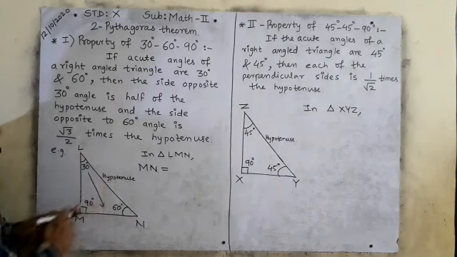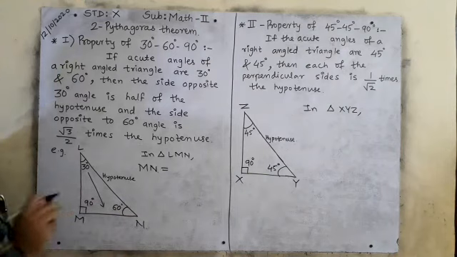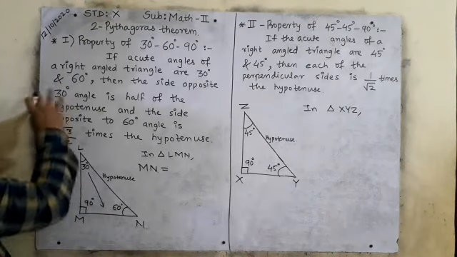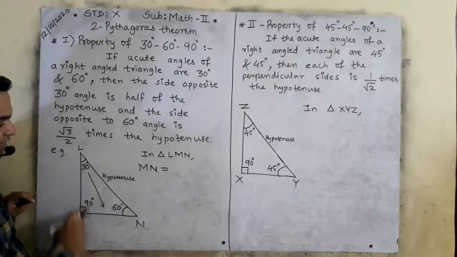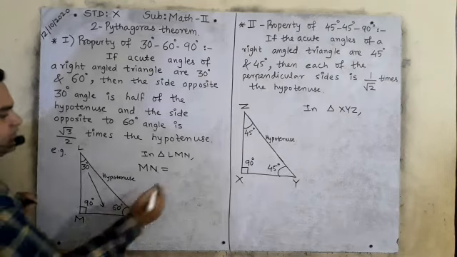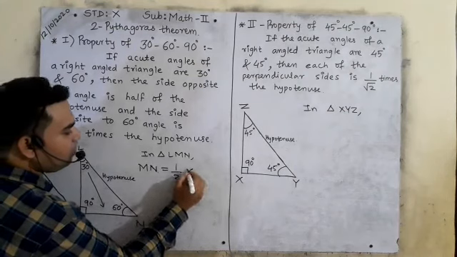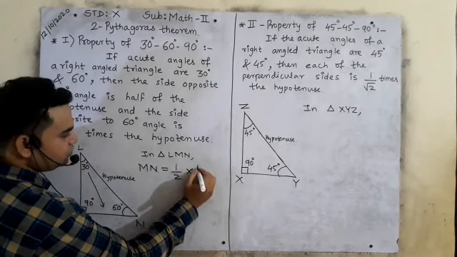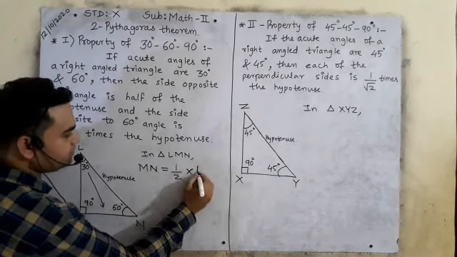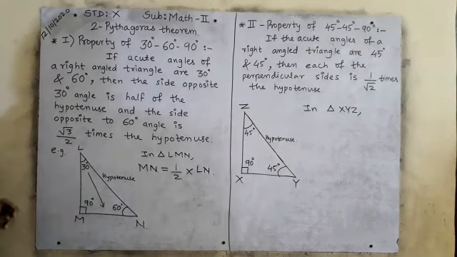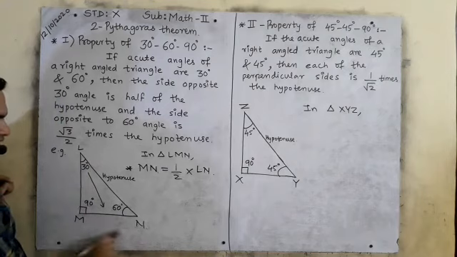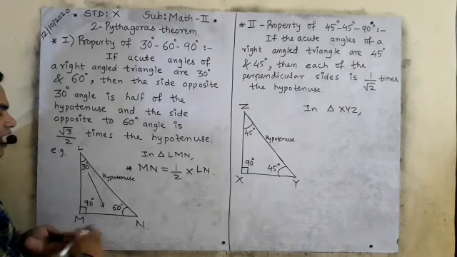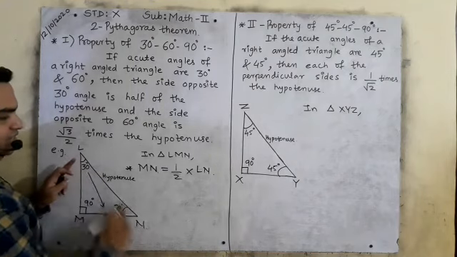Opposite side of 90 degree, that is LN, is the hypotenuse. According to this property, the side opposite to 30 degree, MN, will be half of its hypotenuse LN. Is it clear? I hope you understood. The side opposite to 30 degree is always half of its hypotenuse.